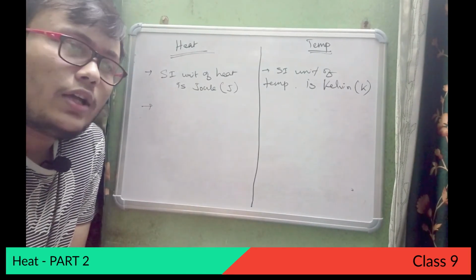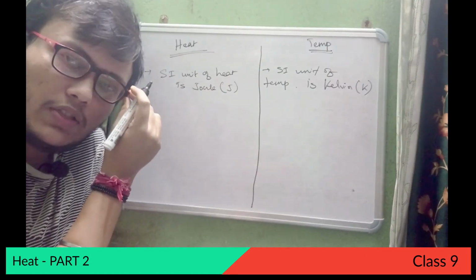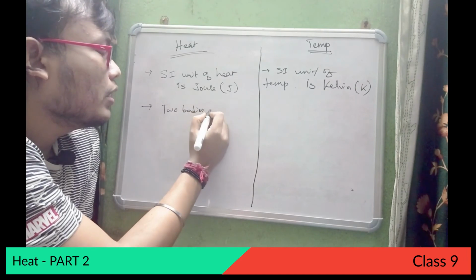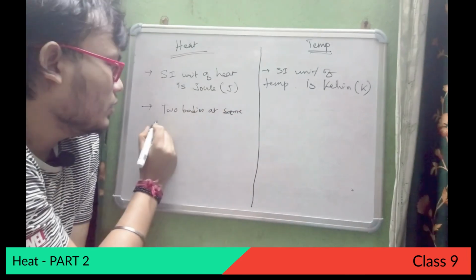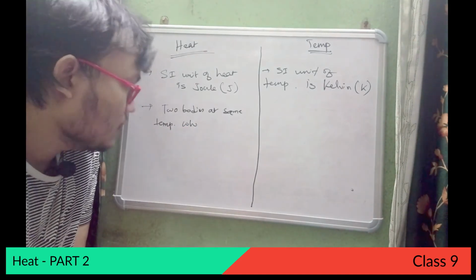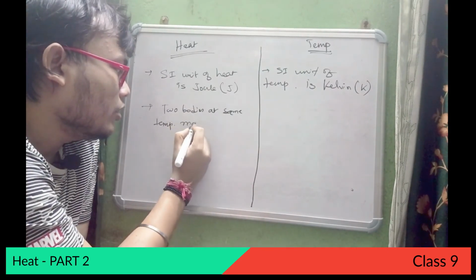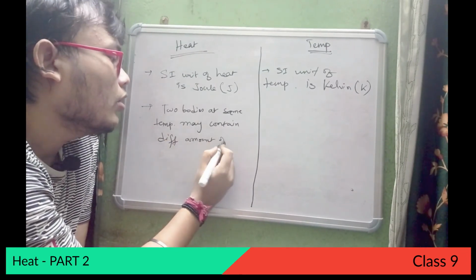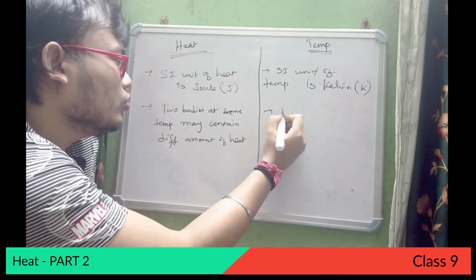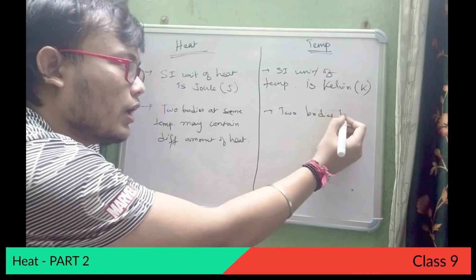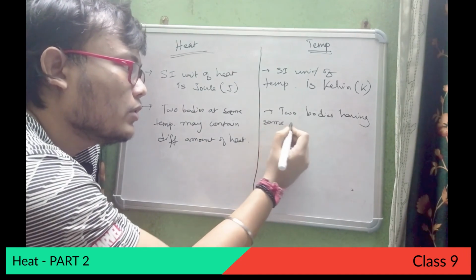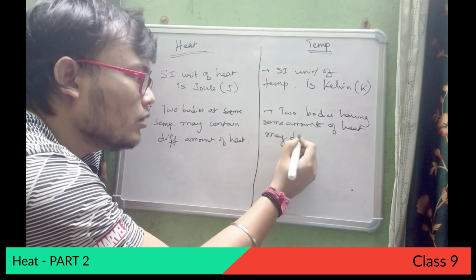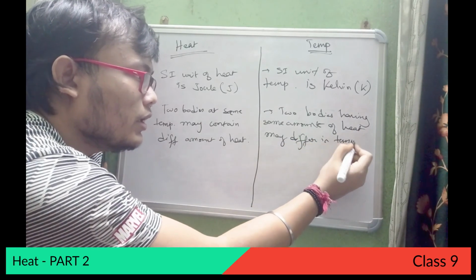So if two bodies are at the same temperature, they may contain a different amount of heat, while on the other hand two bodies having the same amount of heat may differ in temperature.